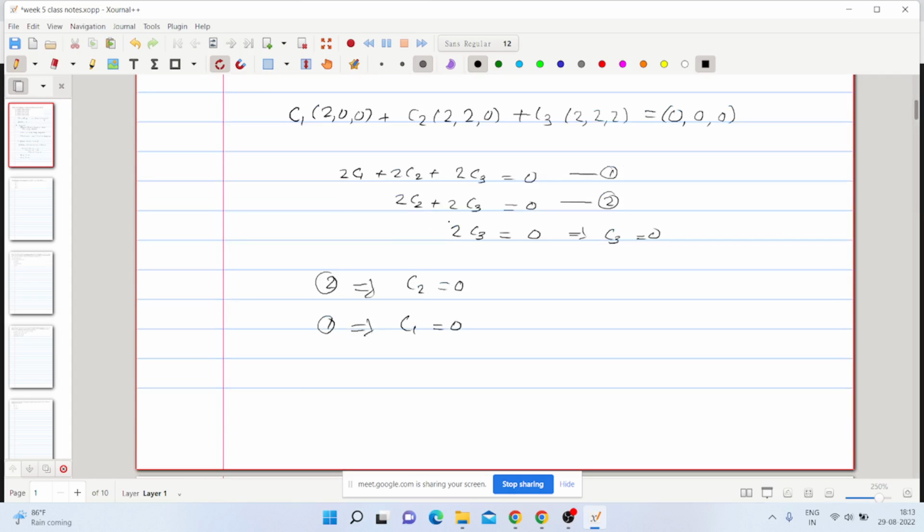So if we write the linear combination and equate it to 0, all the coefficients C1, C2, C3 are 0. That implies B is linearly independent. Hence B is a basis.